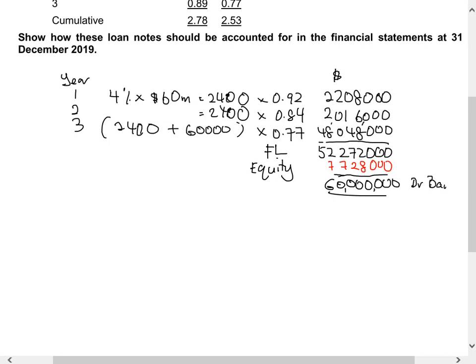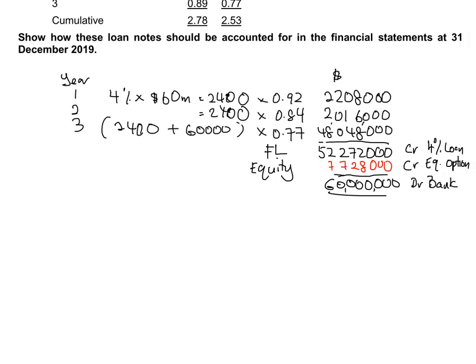Closing balance 54,576. So this year in my SPR, finance cost will be 4,704. In my SFP, I have an equity option.